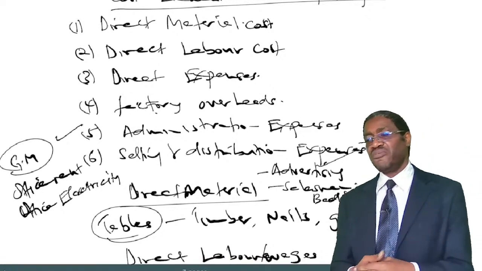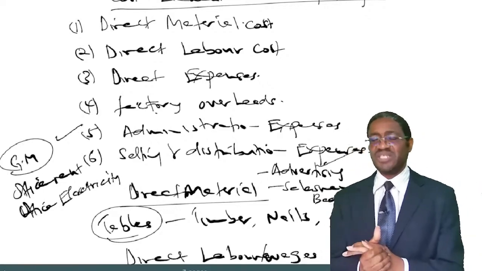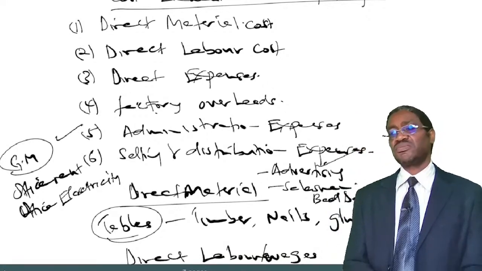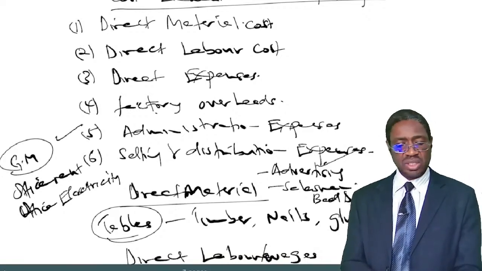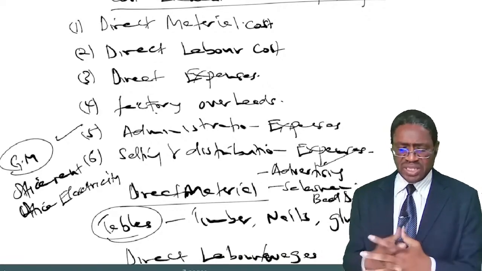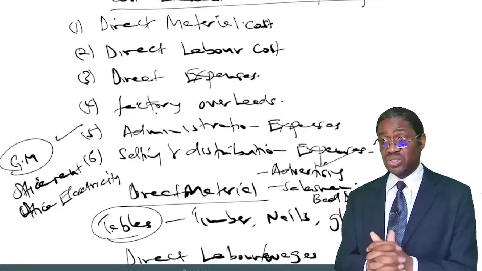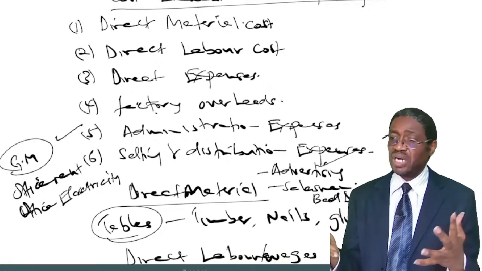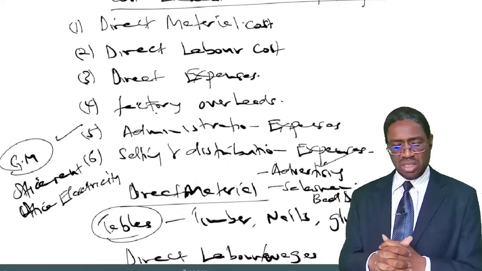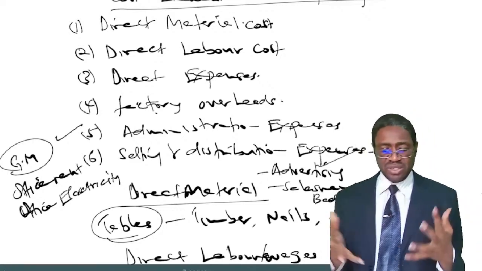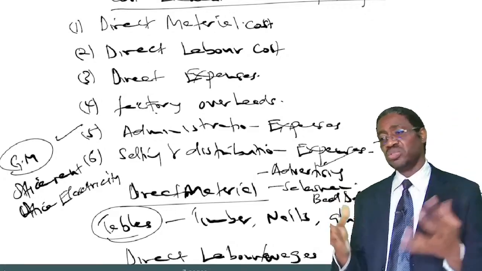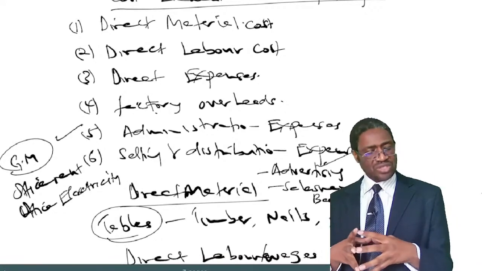For example, in the manufacture of tables, direct materials consist of timber, nails, glue, etc. So that's all we can say about direct materials.